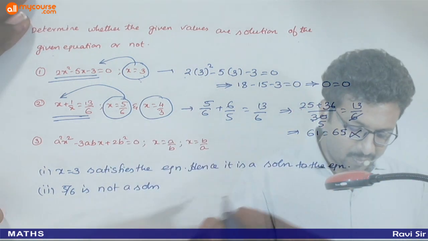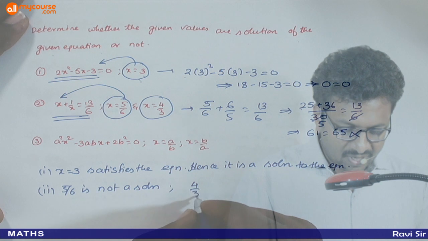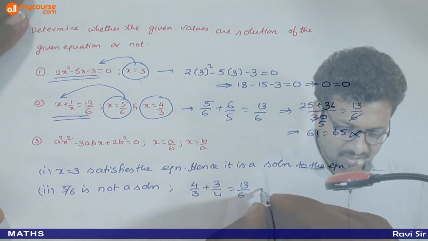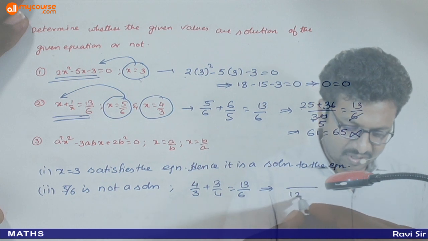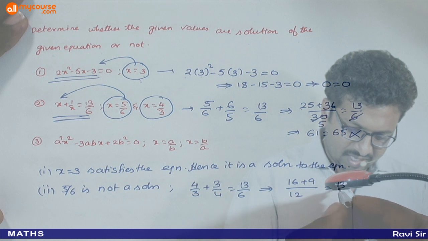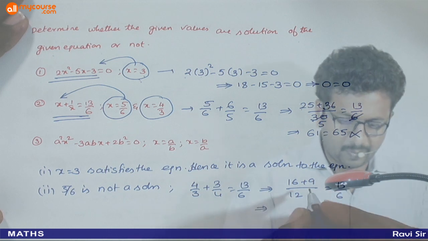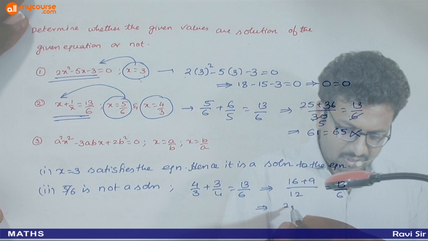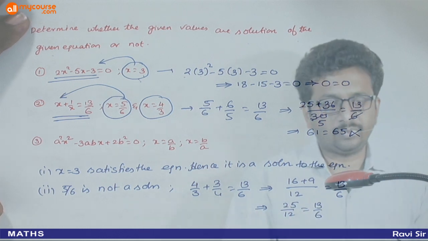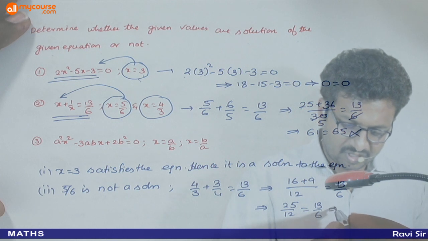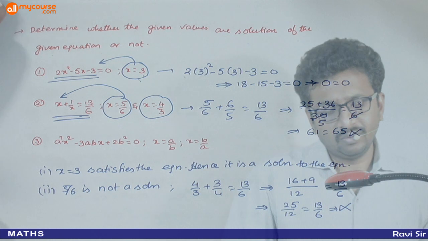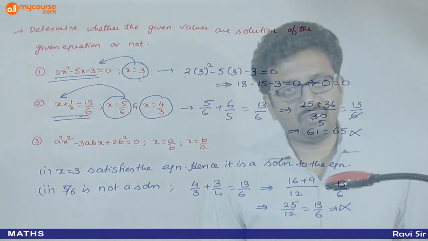Next, let us check 4 by 3. 4 by 3 plus 1 by 4 by 3, which is 3 by 4, is equal to 13 by 6, which implies the LCM is 12. 16 plus 9 is equal to 13 by 6, which implies 25 by 12 is equal to 13 by 6, which implies, obviously, both are not the same, which is wrong, because 13 by 6 is 26 by 12.